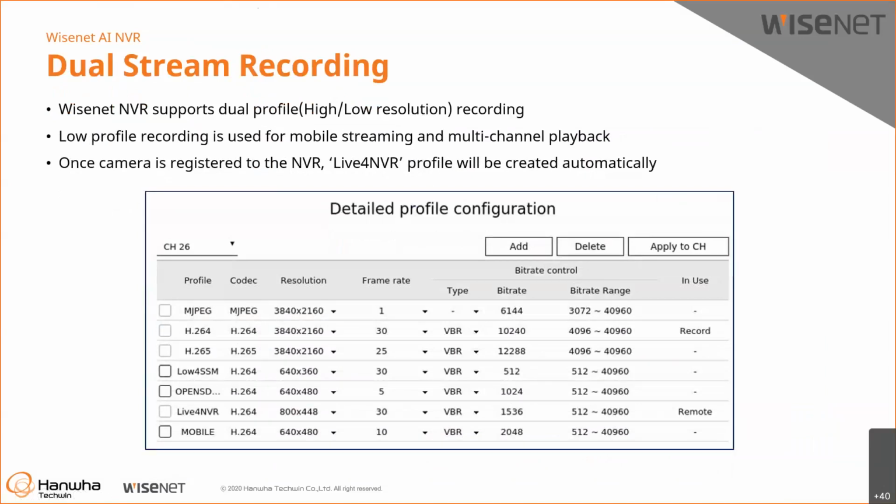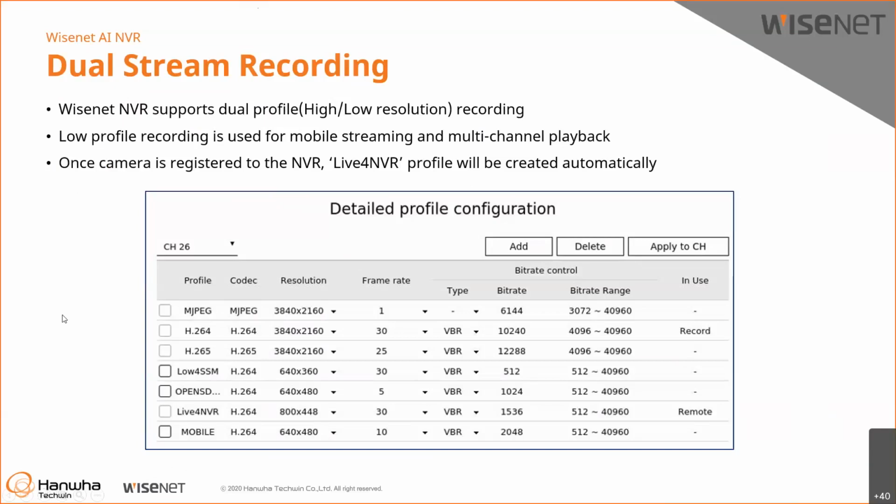Since this MVR has 32 or 64 channels, which is quite many, sometimes you will need to play back more than 16 channels or some 20 channels or something like that. Then you will play back multiple channels simultaneously.